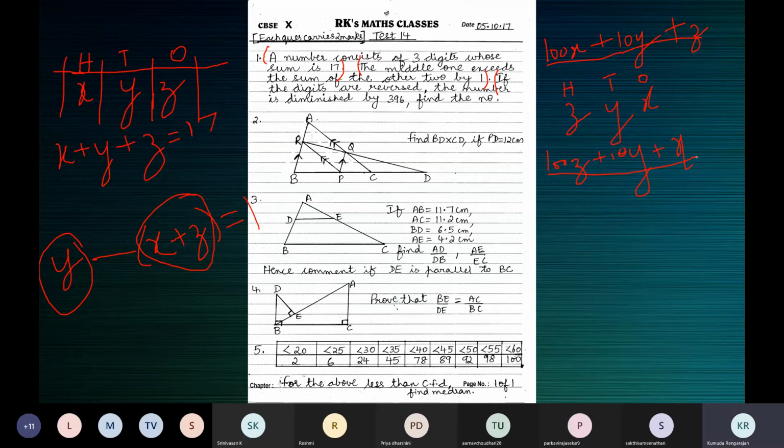What's the answer? You said, Shakti? 692, ma'am. Yes. Srinivasan, what did you get? Same. Okay. Correct. 692 is the right answer.